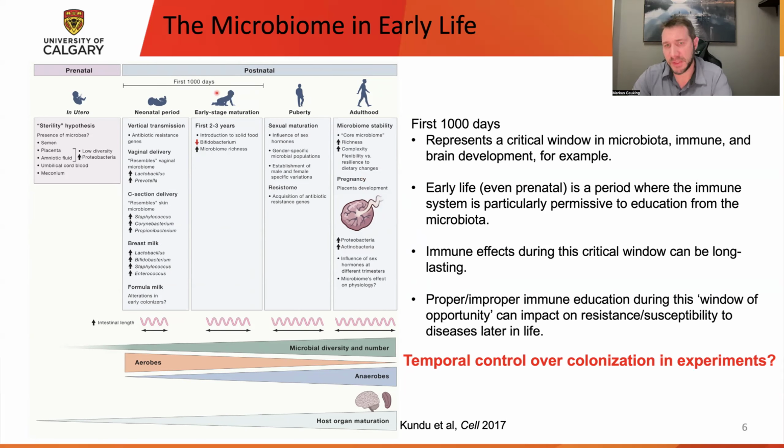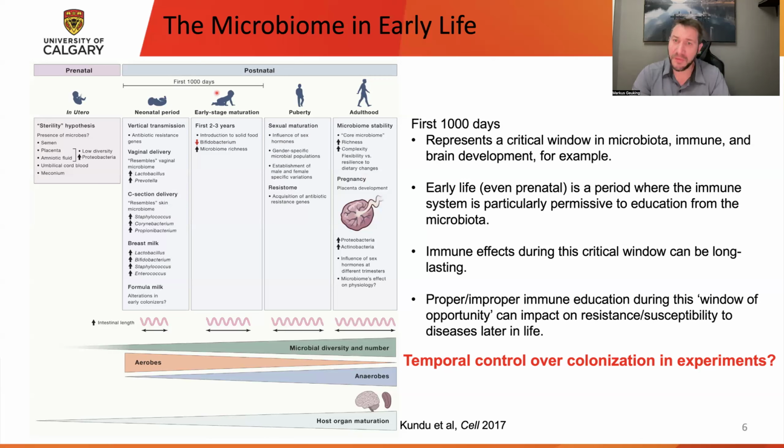Because the first 1,000 days of life in humans represent a critical window where not only the microbiota, but for example, also the immune system that we study, but also the brain, where the brain-gut axis comes into place, develop, and all those developmental processes are coordinated, of course, and they influence each other.